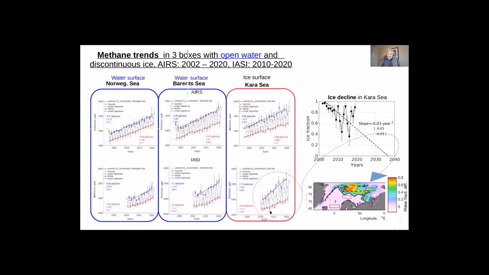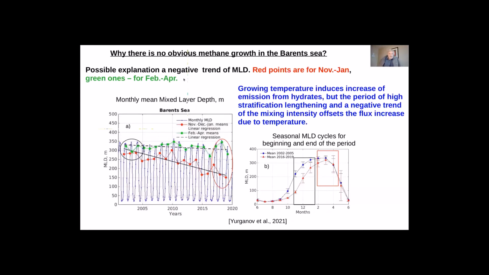So the amplitude of seasonal variations grows with years, and this is explained obviously by the decline in ice in Kara Sea. And also very interesting to look into the trend in mixing layer depth, MLD.